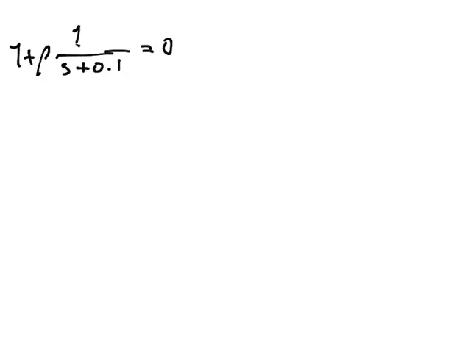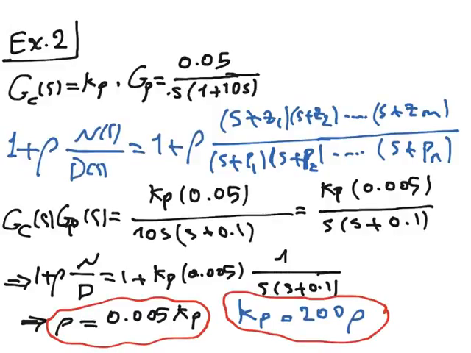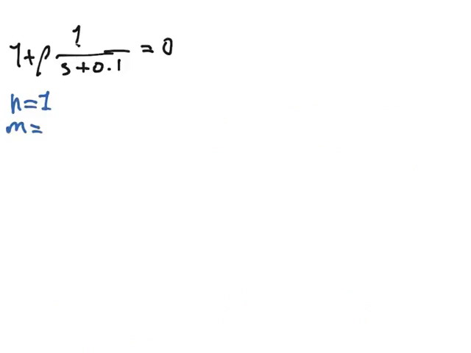Okay, so if we start the process, for the denominator we have s times (s plus 0.1), so n is equal to 2 and m is equal to 0, we don't have any zeros of the open loop system, and then n minus m is equal to 2.